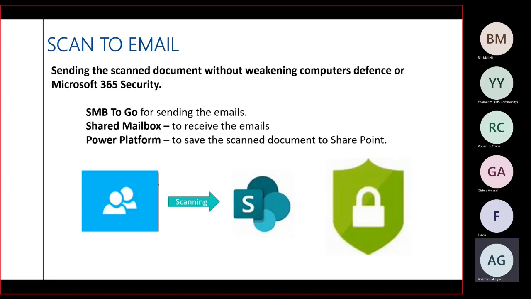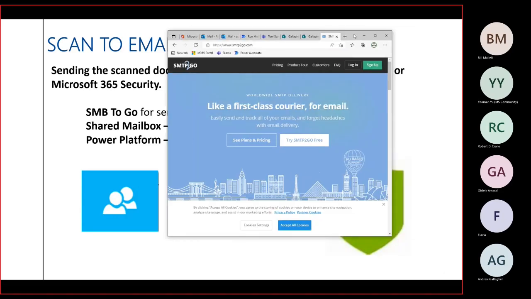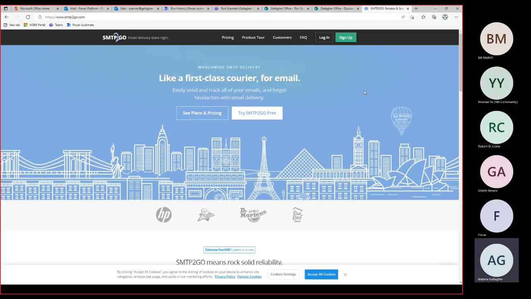Now, to send the emails from the printer, I use a product called SMTP2GO. The reason I do that is I also have closed down POP and SMTP on my Microsoft 365 for security purposes, and I can set up the SMTP2GO quickly and easily.